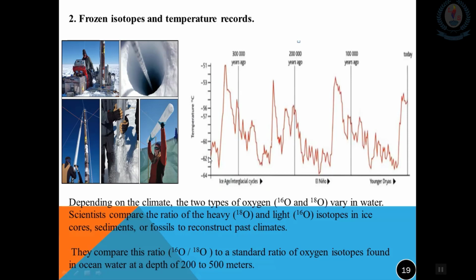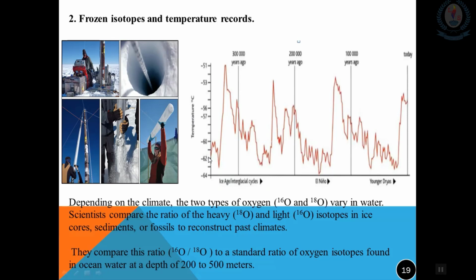If we take a look at the relative abundance of heavy to light oxygen isotopes, there is a certain ratio of these isotopes of oxygen in each of the previously mentioned reservoirs in the Earth system. The transfer of oxygen isotopes depends on temperature.